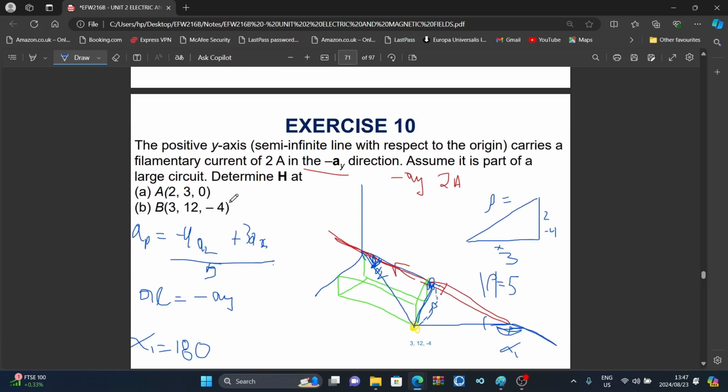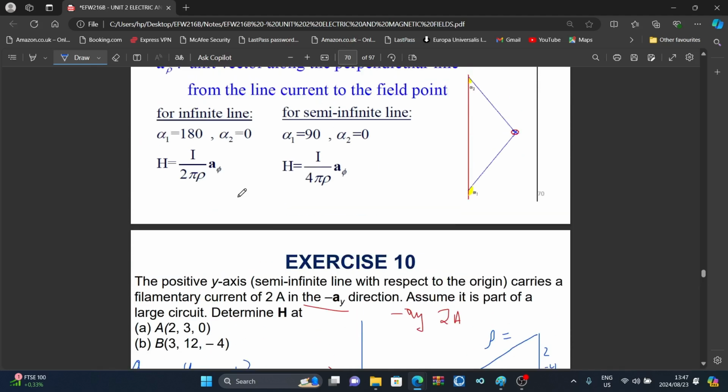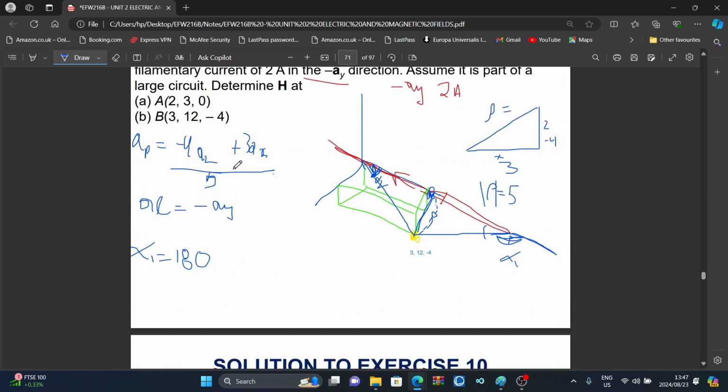Because we have a three-dimensional object, we are going with this infinite line, not semi-infinite, not this one, but this infinite line. So now we have our alpha 1.